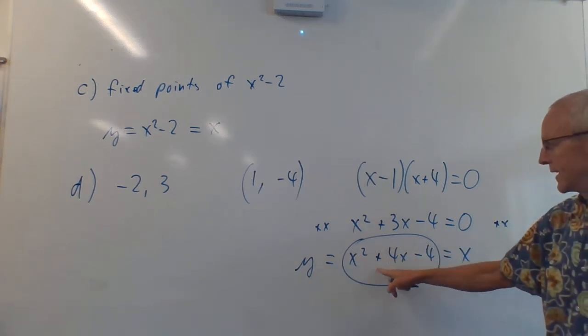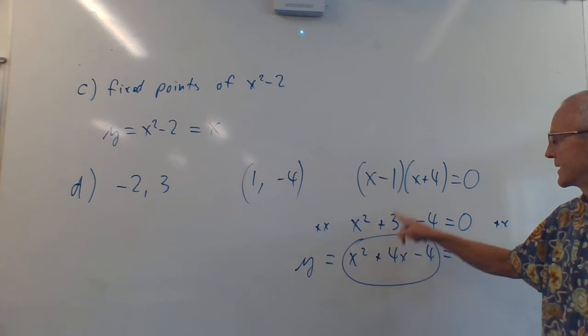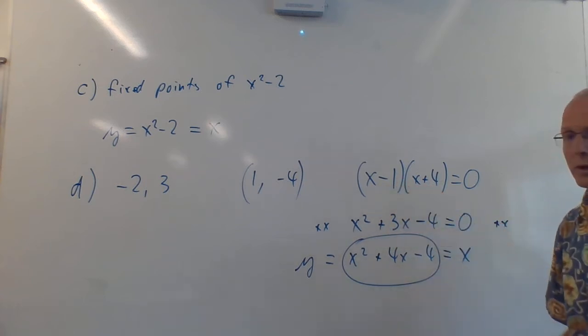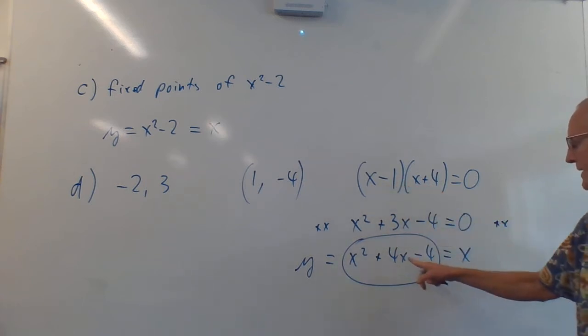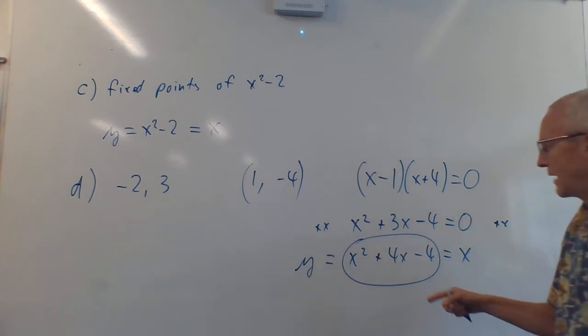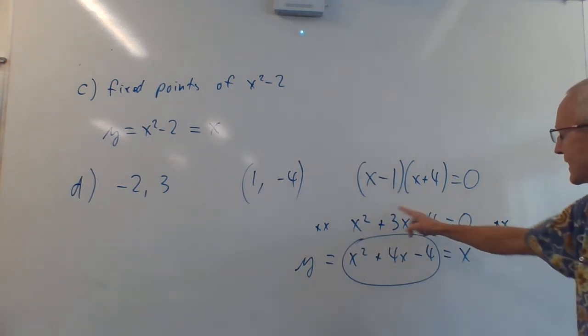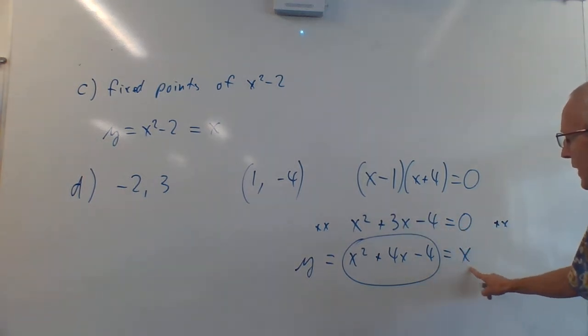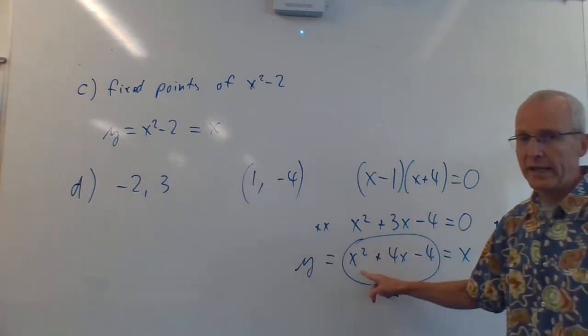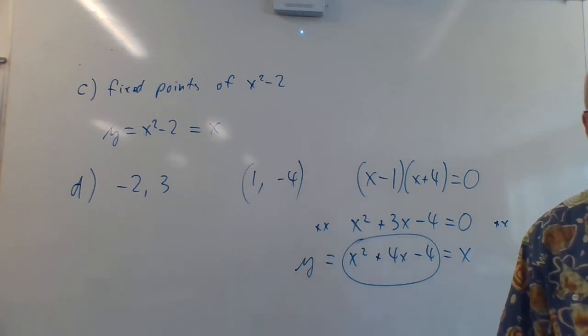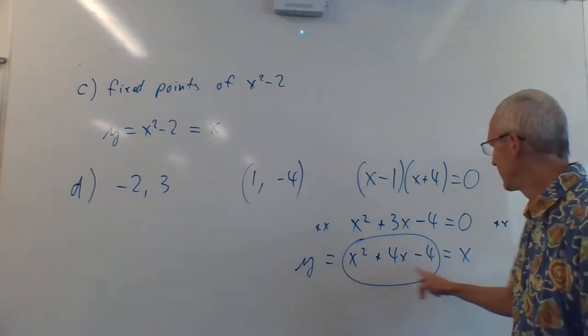Okay, so this function here has fixed points of 1 and -4 because it's equal to x. So let's try that out. So again, the tricky part is you multiply it out, get a quadratic, add x to both sides, and the function that's equal to x is the quadratic that you want. That's the function that you want because y was equal to x.